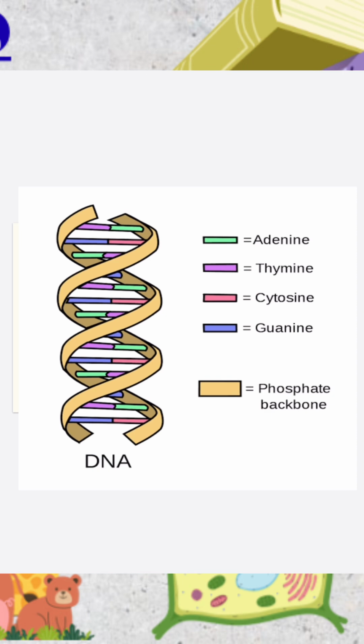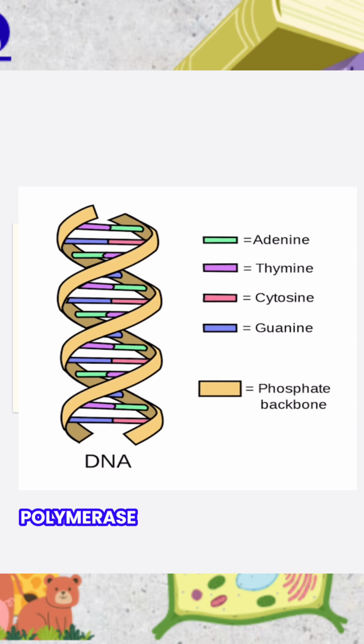Now then we have primase. Primase is the marker. It adds a small piece of RNA called a primer, showing where DNA polymerase should start copying. After the double helix structure has unwound, the primase adds a small piece of ribonucleic acid called a primer.